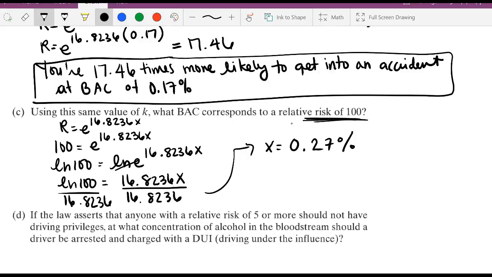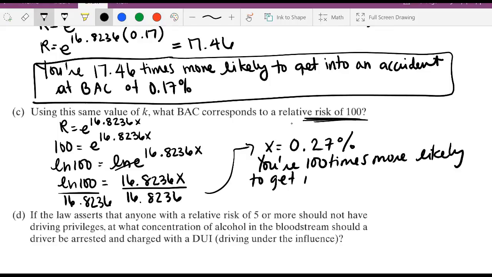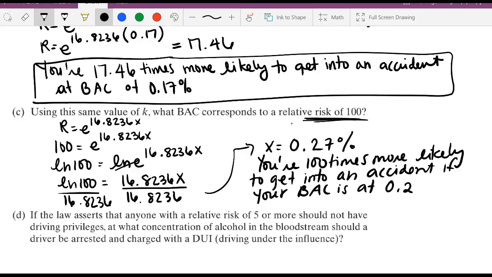You are 100 times more likely to get into an accident if your BAC is at 0.27%.